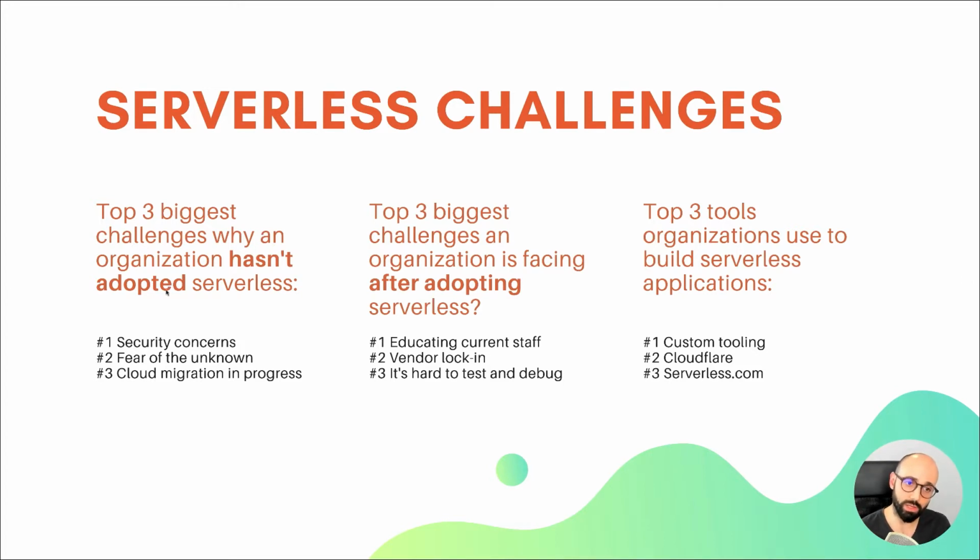But if you look at the second point, fear of the unknown, well, you can't secure something you don't understand, right? If you knew how something worked, then you would be able to secure it in the proper way. But because of the lack of experience most engineers today have with serverless, they also don't understand it to a degree that they can build proper security measures around it. And it's a big problem for organizations.